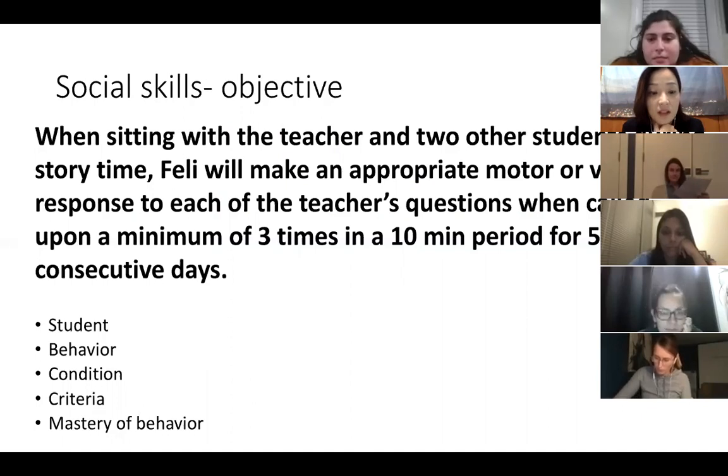Condition: when sitting with the teacher and 2 other students during story time. Criteria: a minimum of 3 times in a 10-minute period.